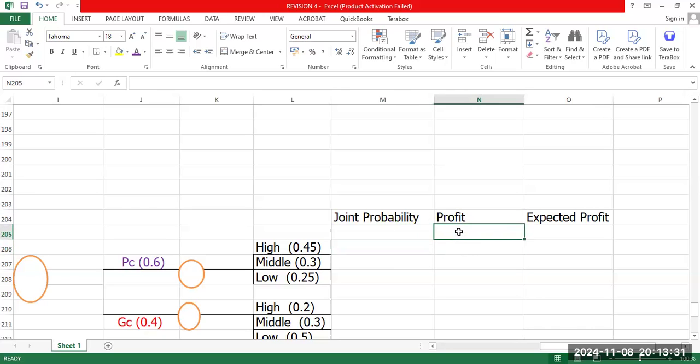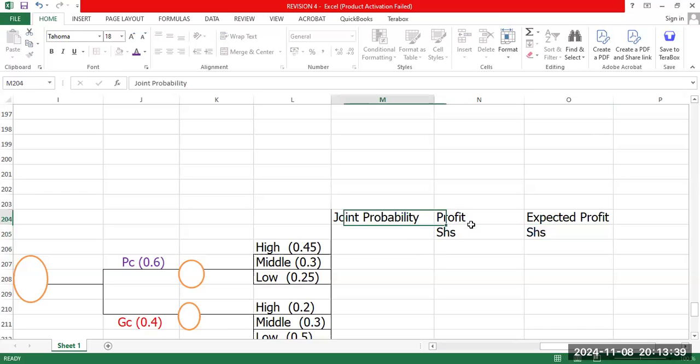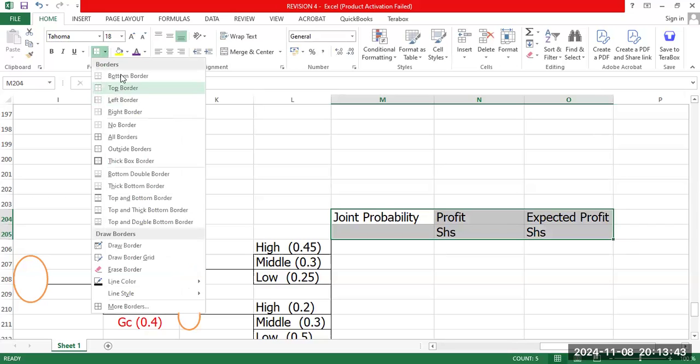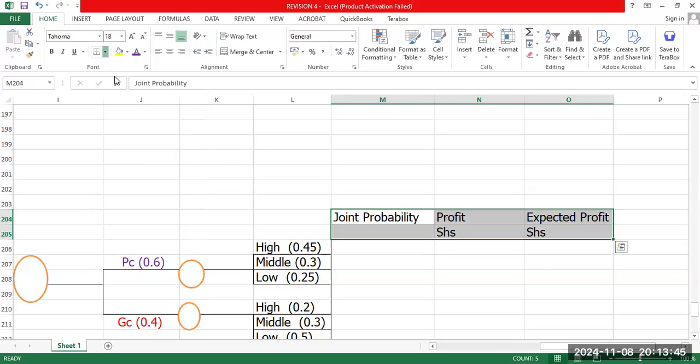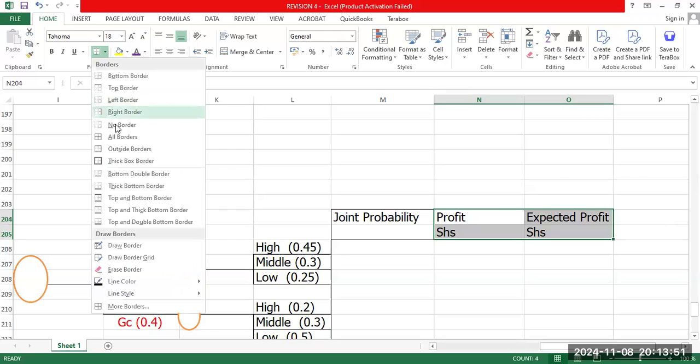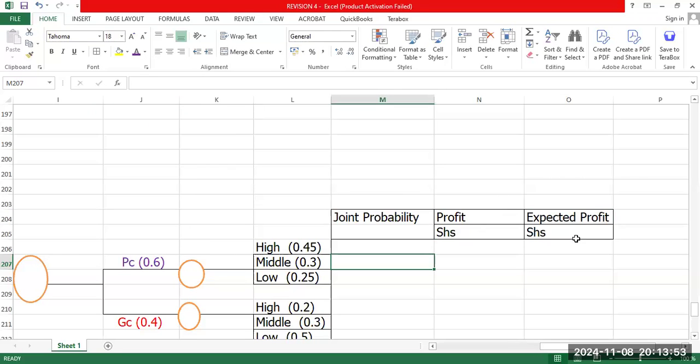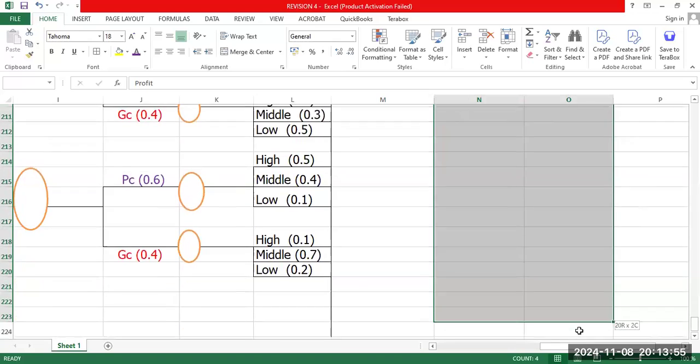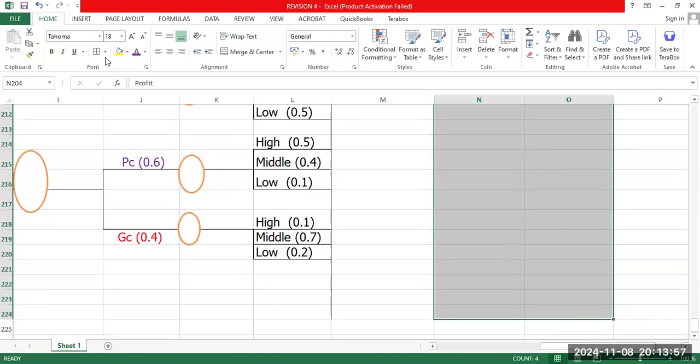And let me assume that these figures are in shillings, also these figures are in shillings. Make sure that I have this.